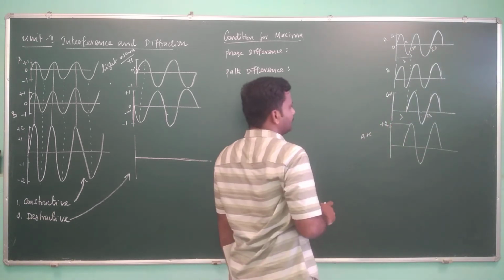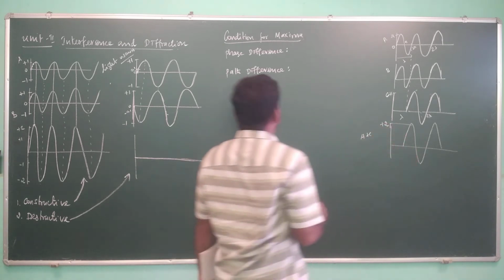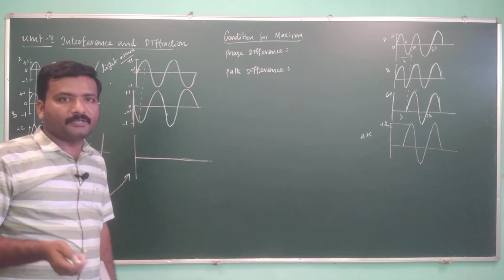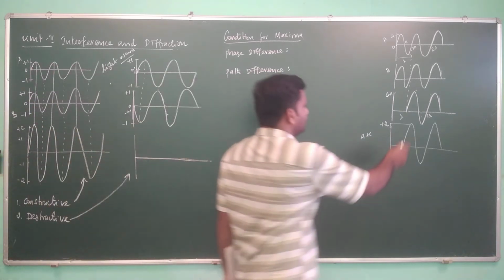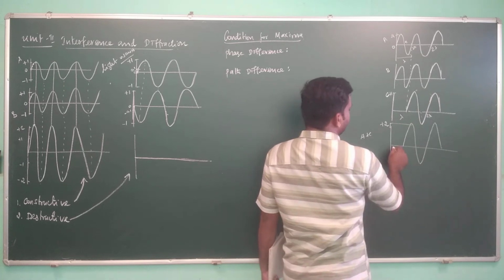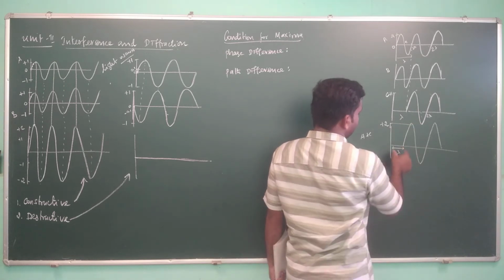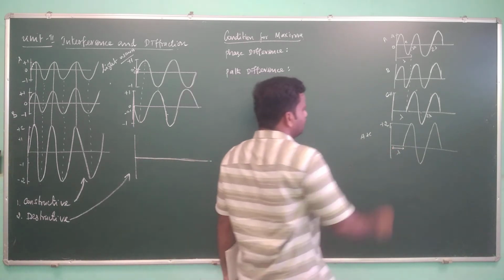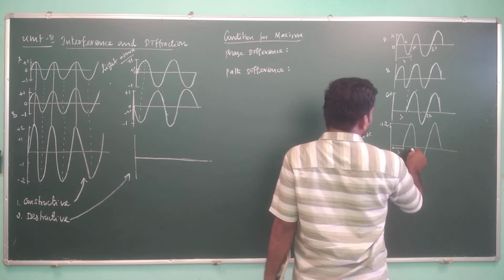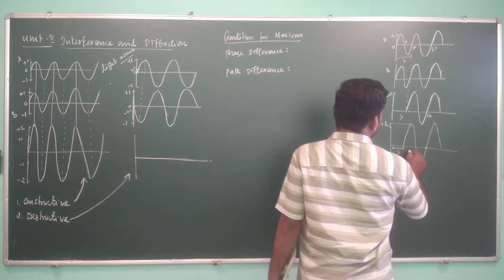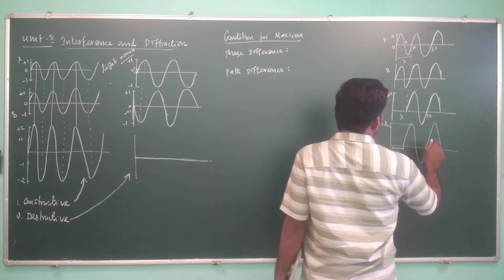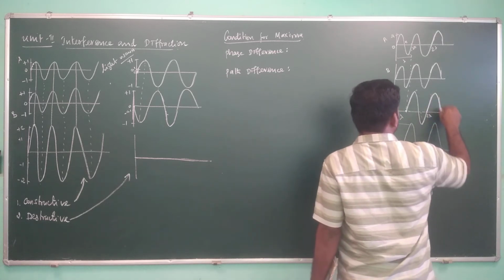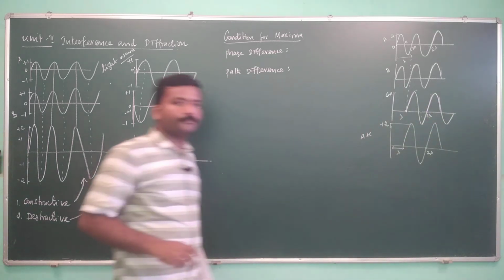Now see, when we have two waves A and C, the interacting waves A and C will have maximum amplitude, right? When the path difference is lambda. Or when the wave starts from 2 lambda, say this wave starts from here, or if the wave starts from here and goes like this, there also you will get constructive interference.